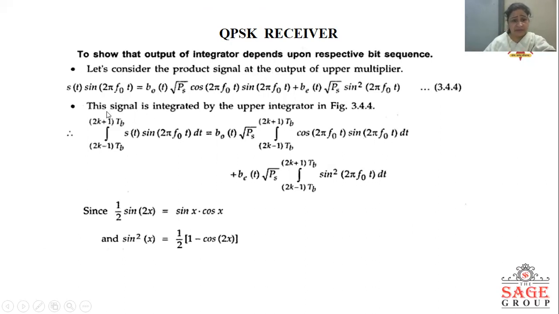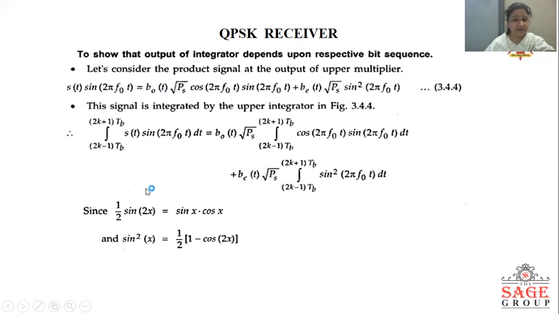We have already taken the output s(t) into sin 2 pi f naught t, which is generated by multiplying the received signal with the synchronized carrier. Substituting the value of s(t), we get b_o(t) root Ps cos 2 pi f naught t plus b_e(t) root Ps sin 2 pi f naught t. When I multiply s(t) with sin 2 pi f naught t, the resultant signal will be like this.